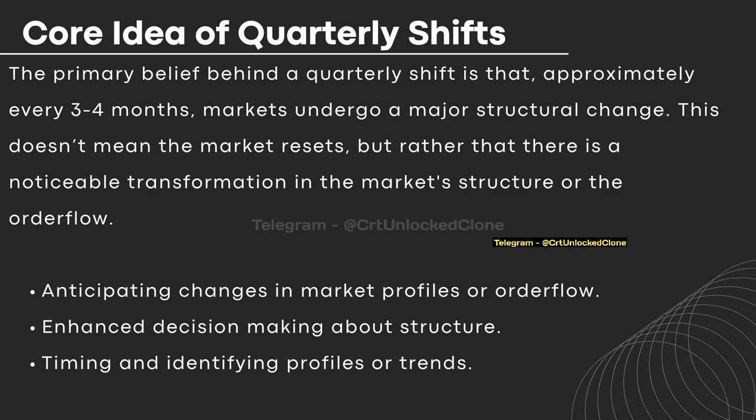Similarly, if price has moved in a ranging profile for the last 4 months, then there is a high chance that this ranging profile could now end, because we know that according to quarterly shifts, a market more often than not never moves in a specific profile or a specific structure or a specific order flow for longer than 3 to 4 months.